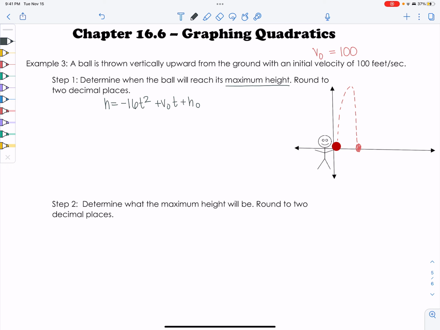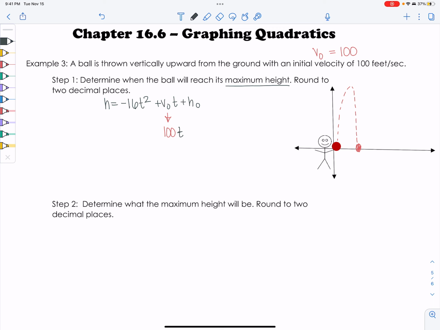So first let's fill in the velocity because that one's easy. Velocity v0 is 100. T is going to be my time. Now, h0 and h were the heights. h is going to be the height when it ends, and h0 is going to be the starting height.